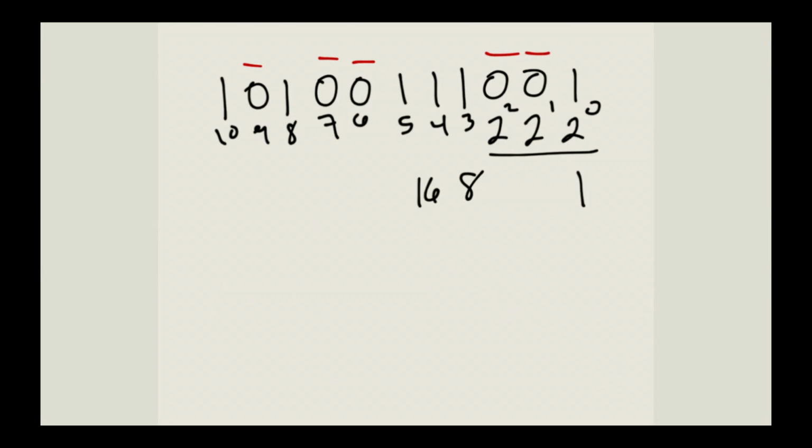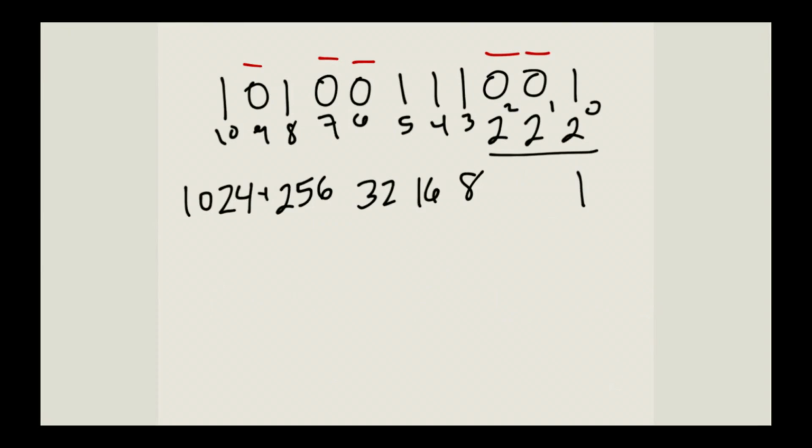Exactly. 2 to the 5, Kevin? 32. 2 to the 8: 32 times 8, 256. Perfect. And then 2 to the 10: 1024. Yeah, 1024. All right.